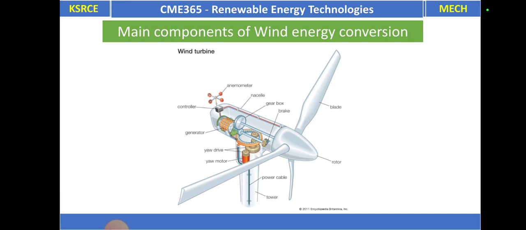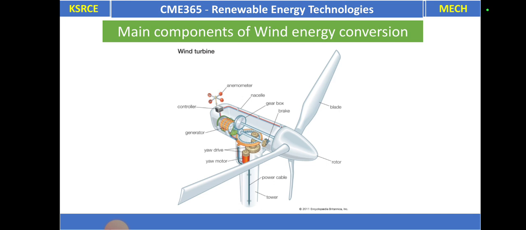Next one is the electrical generator. There are two main options for the generator used in constant speed wind turbines, namely asynchronous or synchronous generators. Most of the grid connected wind turbines installed so far use induction generators. These turbines have to be connected to the electricity grid before they can generate electricity.